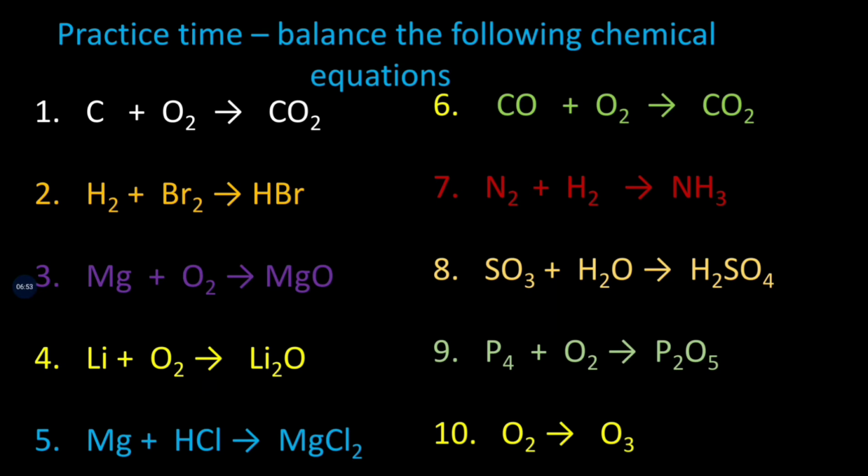Yes, your business is not to change any. Do not cancel any of the small numbers. Do not add any new small number. What you just need to do is to add whole numbers in front of each substance. Okay?